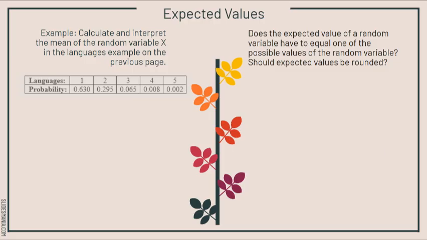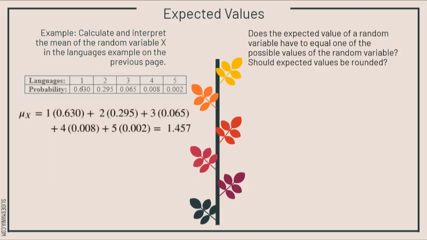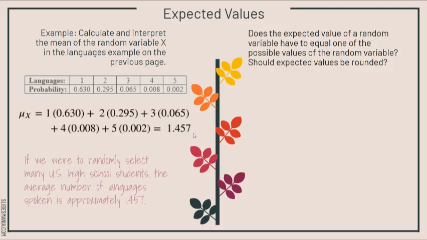Okay, expected values. Calculate and interpret the mean of the random variable x in the languages example on the previous page. So we are going to do the expected value. This is where you do 1 times that, 2 times that, 3 times that, 4 times that, 5 times that, and you add them up. So 1.457. In this case, it'd be 1.457 languages.